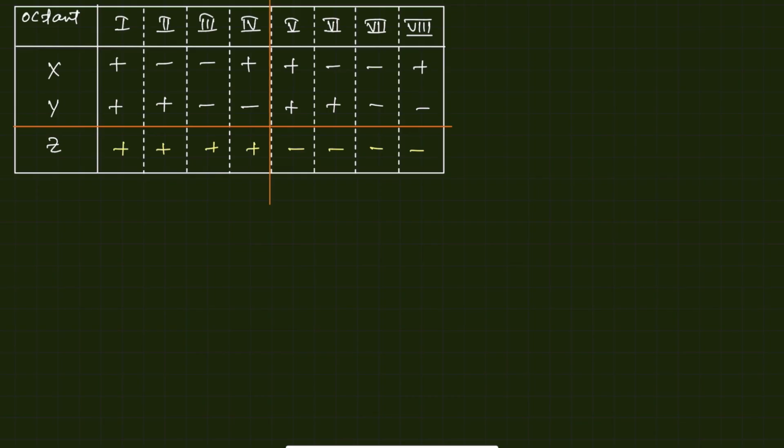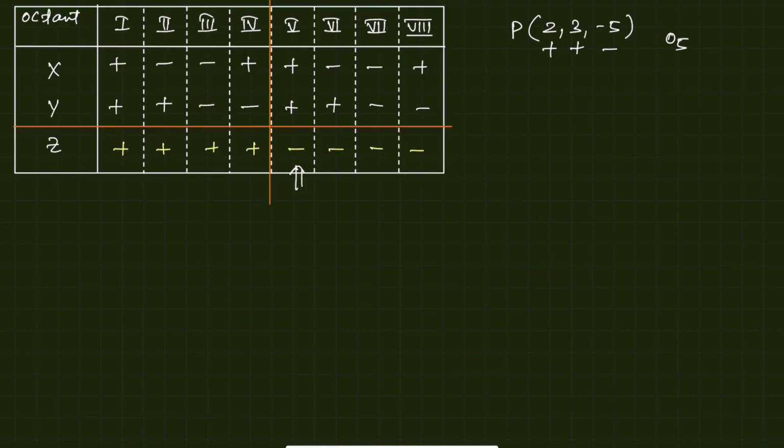Now if I have the point P 2, 3, -5, you can easily construct the table. Here x is positive, y is positive, z is negative. That means the point belongs to the fifth octant.